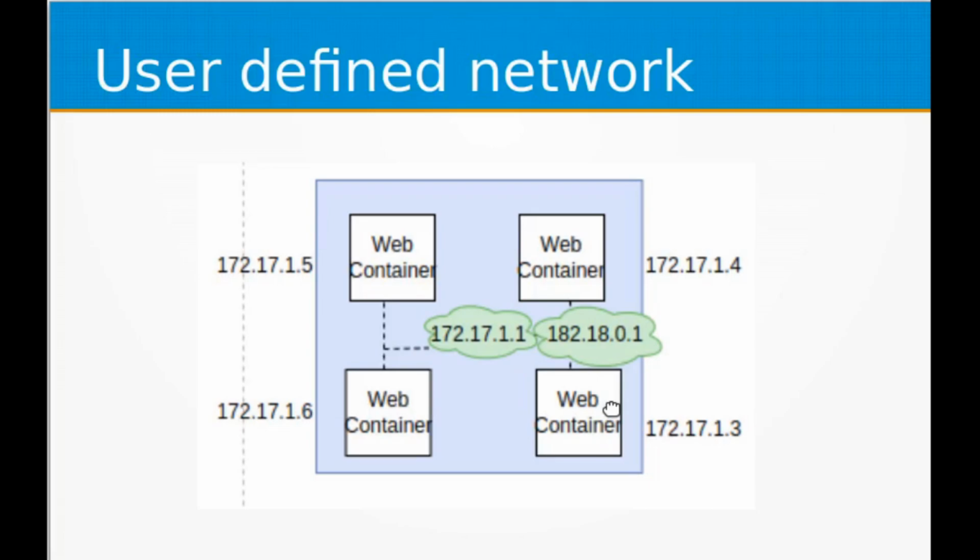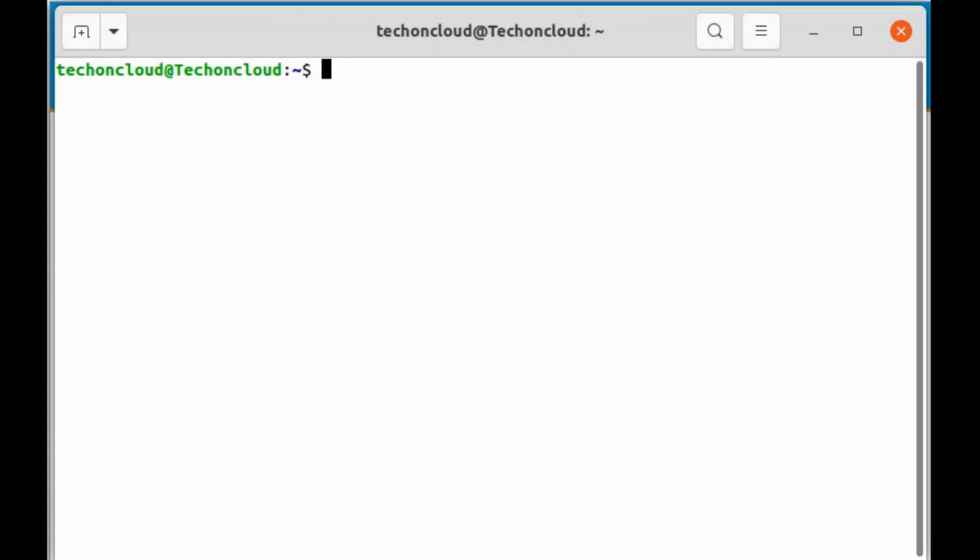If this theory is not clear to you, you can make it out using some practical work. So let's move to the command line. You can see on the screen my terminal is open. Let's create a Docker network, meaning our custom network.